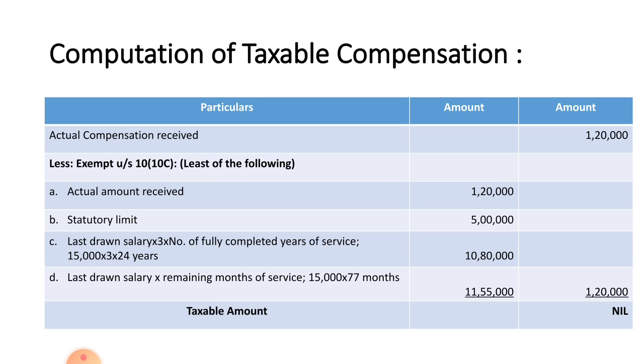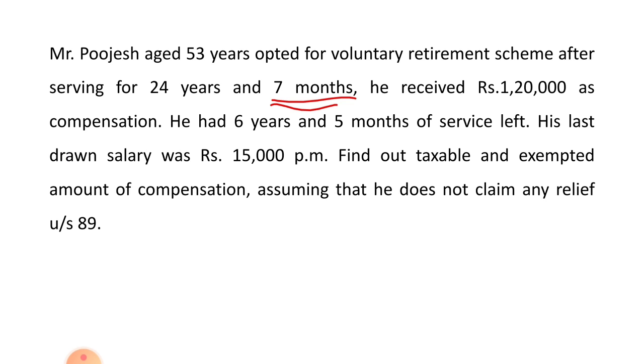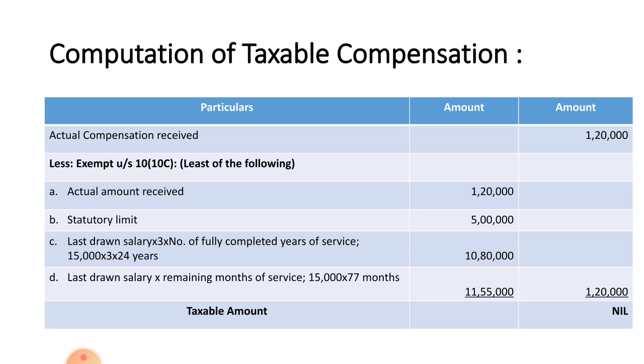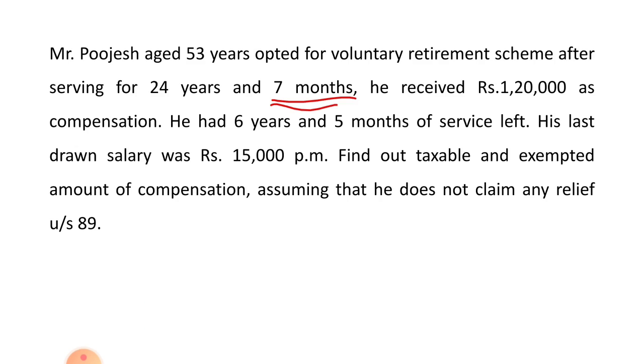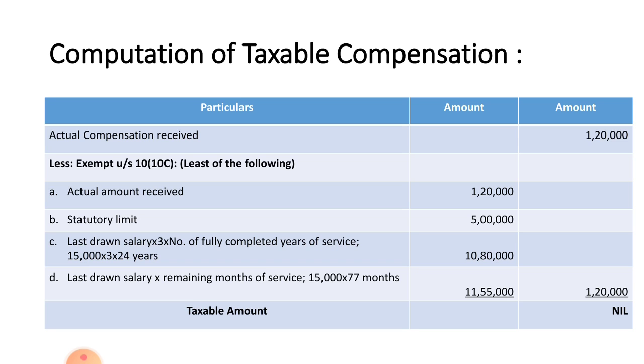Next, last drawn salary into remaining months of service, that is 15,000 into 6 years into 12 plus 5, that is 6 years and 5 months, that is 77 months. Calculate that. So that amounts to rupees 11,55,000. So the least of the following you have to consider here.